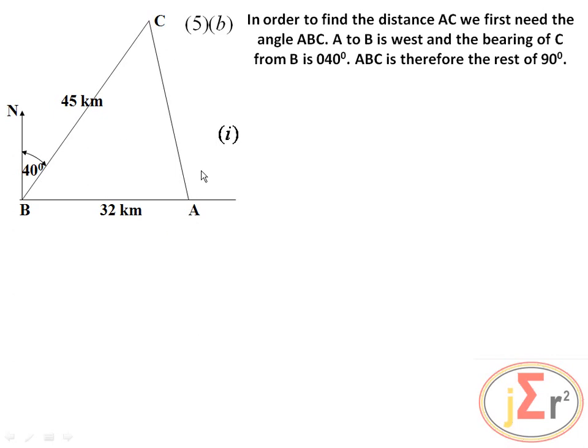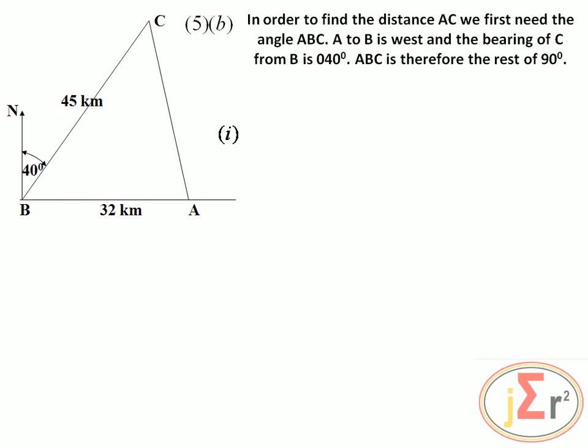We need to find the distance AC, and we will be making use of the cosine rule, along with the fact that if we have two sides of a triangle and the angle that the two sides form, we may be able to find the other side, which is the side opposite to the known angle. But as yet, we do not know the value of this angle.